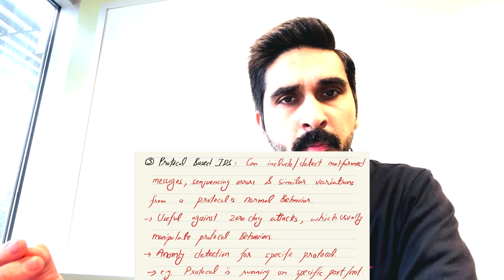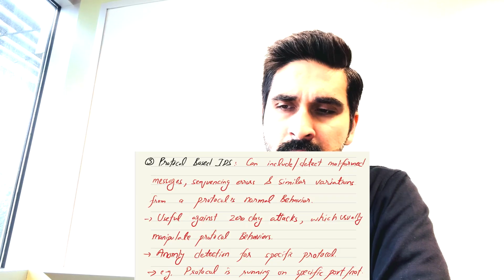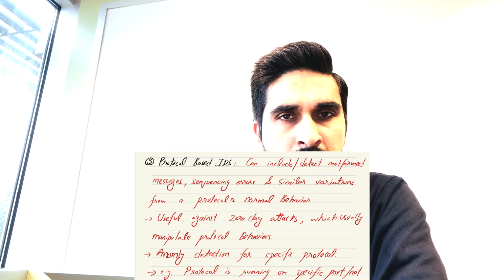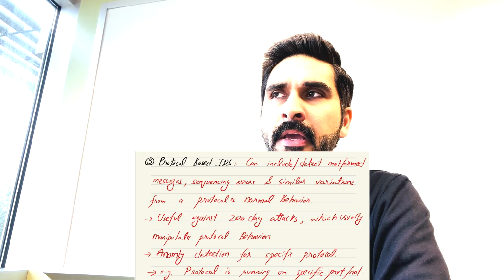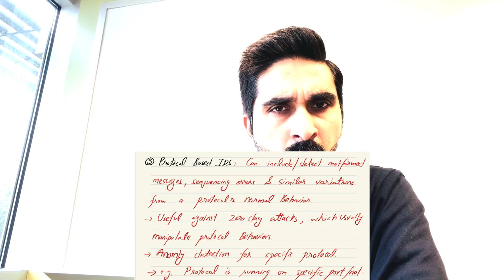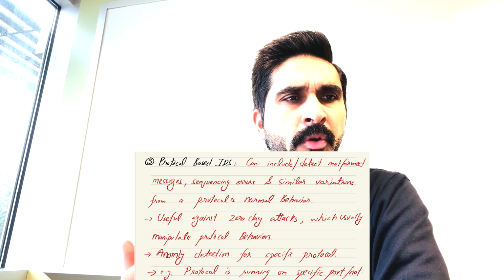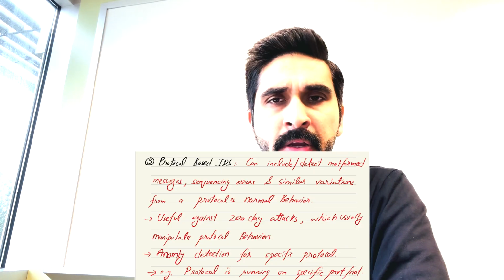The last one is protocol-based analyzers, protocol-based IDS. It is similar to anomaly-based IDS, but it looks for anomalies based on a specific protocol. For example, a sequencing error. It can include malformed messages, or any protocol-related suspicious activities. For example, the protocol HTTP runs on port 80.